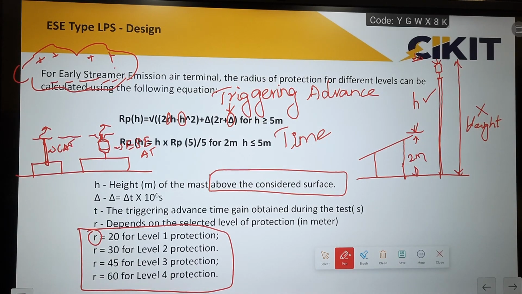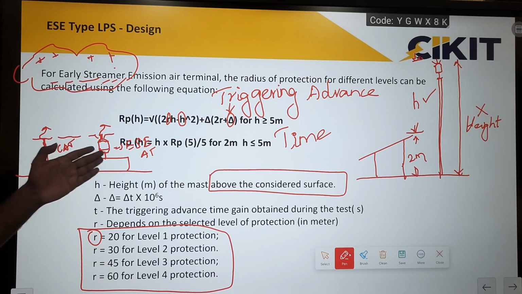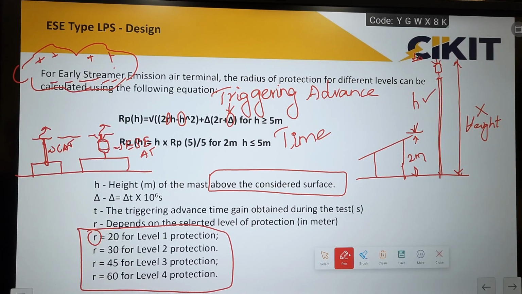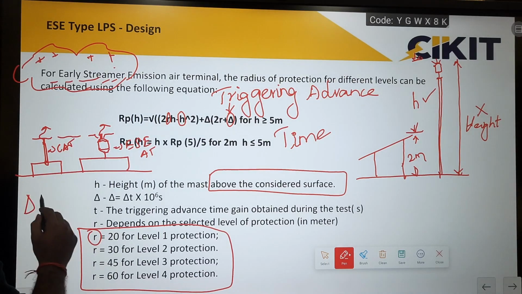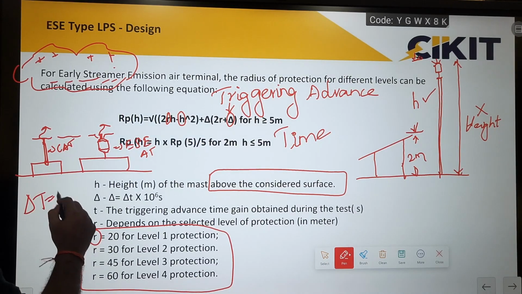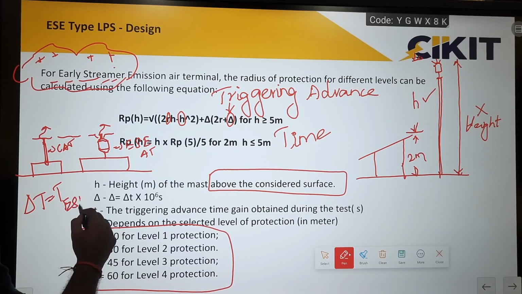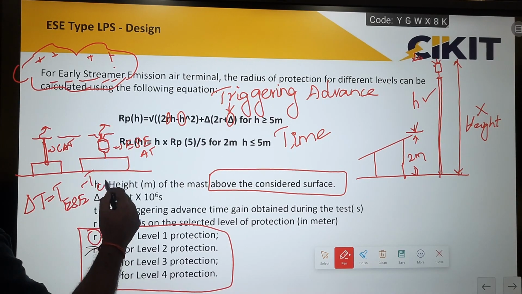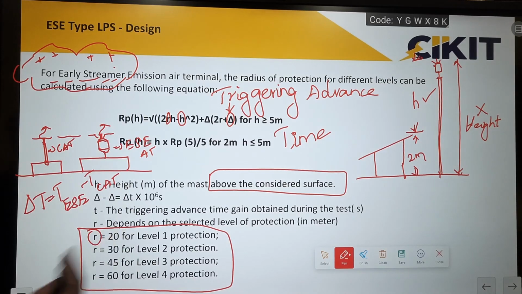The difference in time between the triggers sent by the ESE terminal and the conventional terminal is called the triggering advance time. So the triggering advance time is nothing but the time taken by the conventional terminal minus the time taken by the ESE terminal.